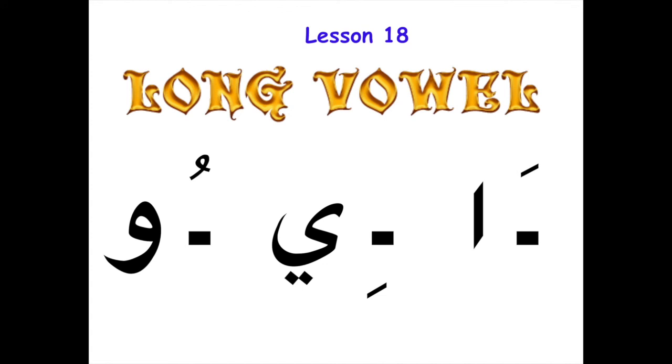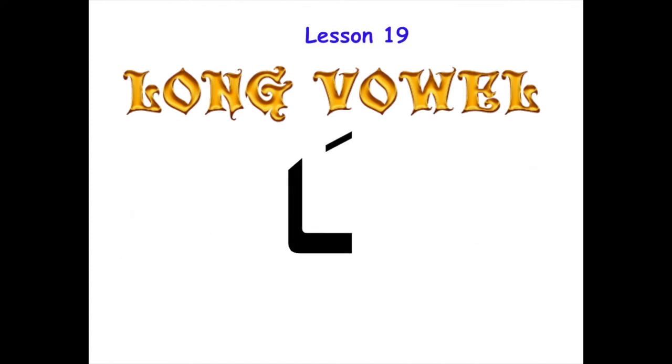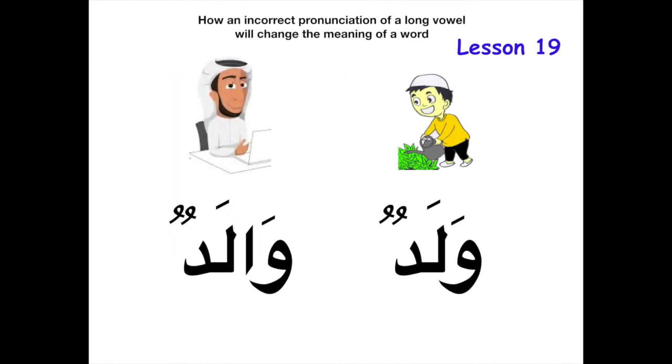And then in lesson number 19, we took the first one, which was the fatha with an alif, and we looked at the individual words that change with the long vowel included in the word. If you remember in lesson number 19, we looked at how important it is not to ignore that alif or that ya or that waw that's included in the word, because of the difference here where you have the same wa, la, dun in both, but in one there's an alif after a fatha and in the other one there isn't.